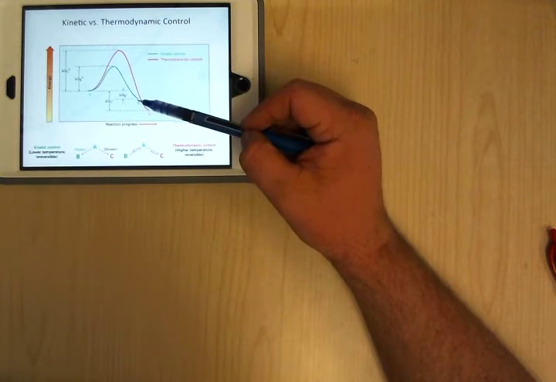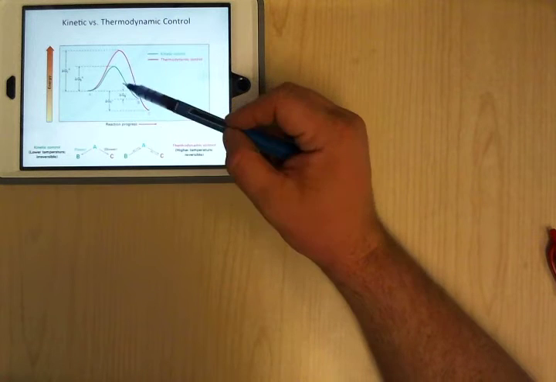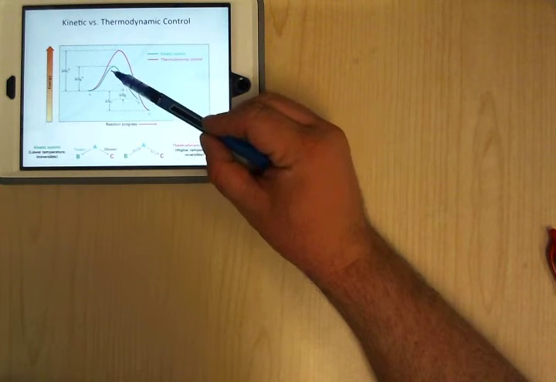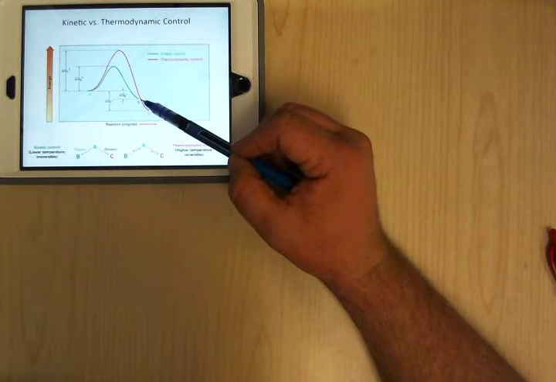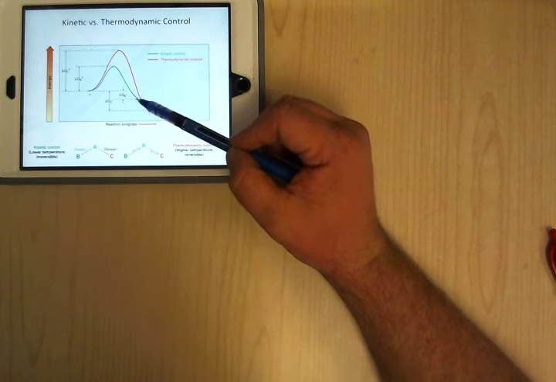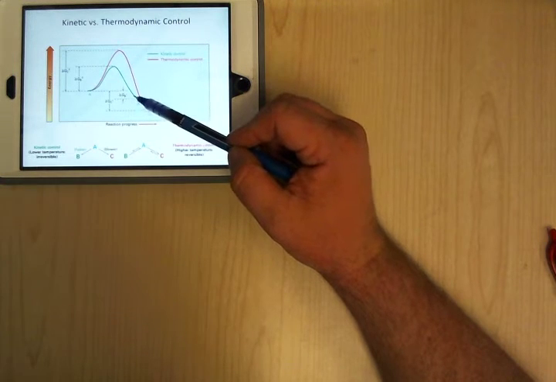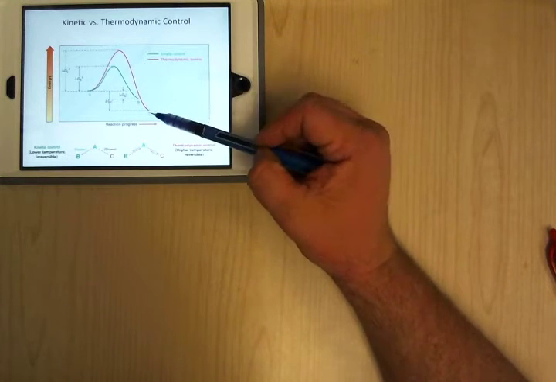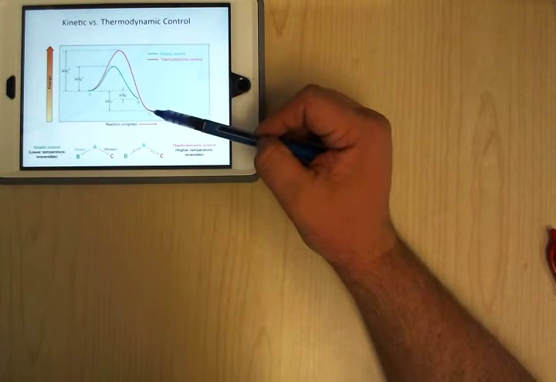But you take what you can get, and so the reaction takes what it can get. So at low energy, where it only has enough energy to get over this one hill, you'll end up with B. And it'll get what it can. If you heat it up to give it more energy, now it can get over the hill to be able to do this.